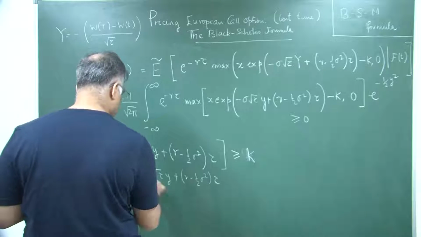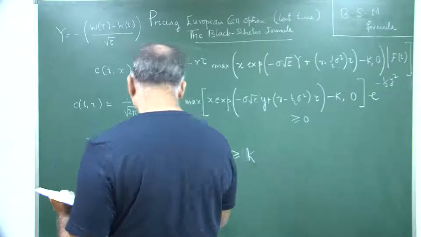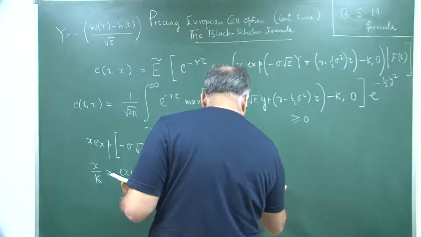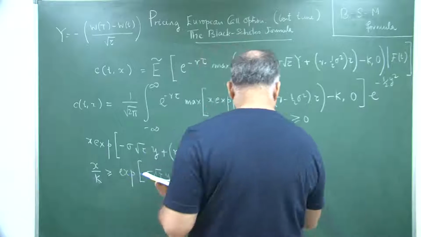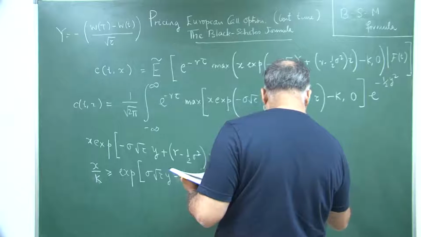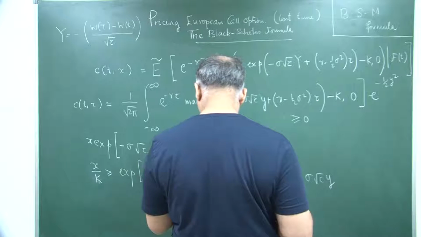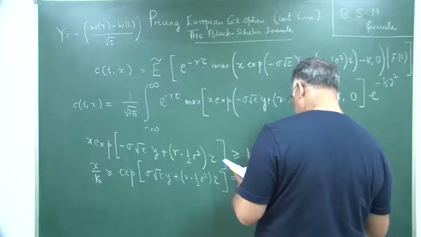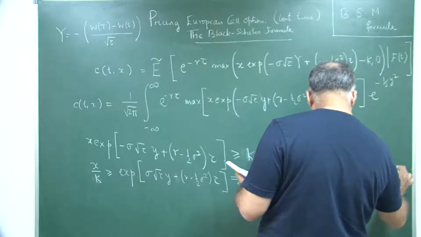You put the minus here, so it will become minus. Now you take log of both sides. So, this would imply that log of x by k is greater than or equal to sigma root tau y minus r minus half sigma square tau.